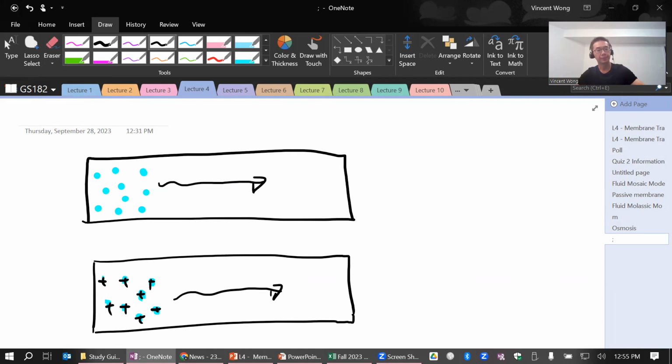What do you think? Which one will have a higher rate of diffusion? Top, that's one answer. Anyone else? What do you guys think? Top or bottom? Which one is faster?